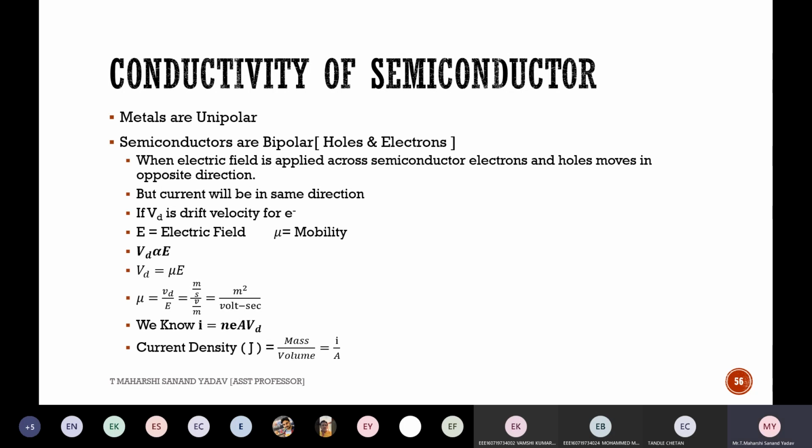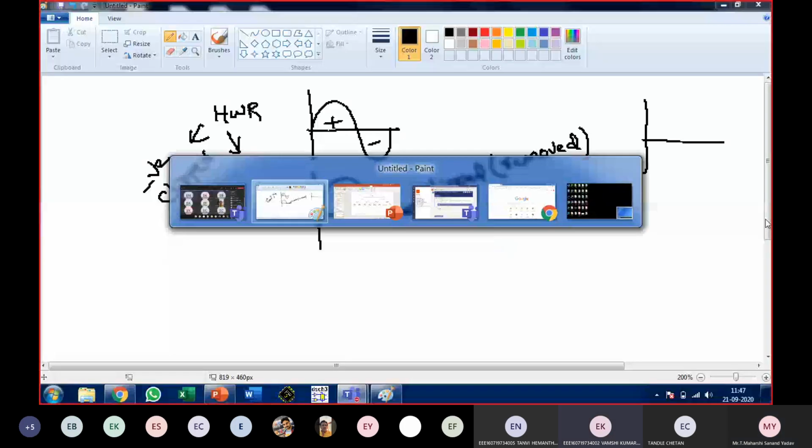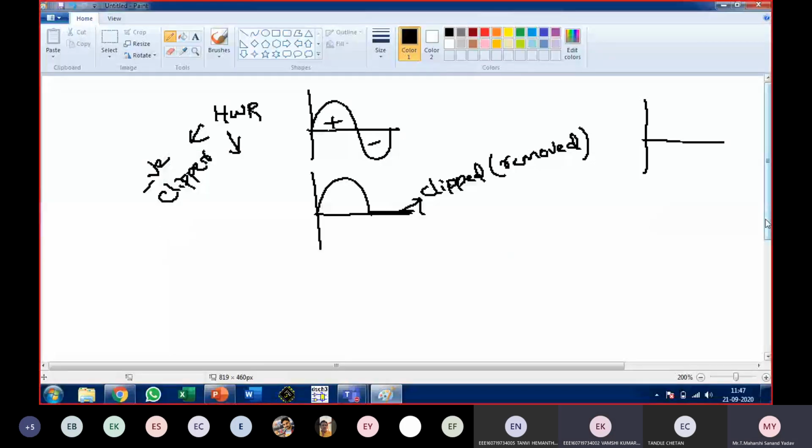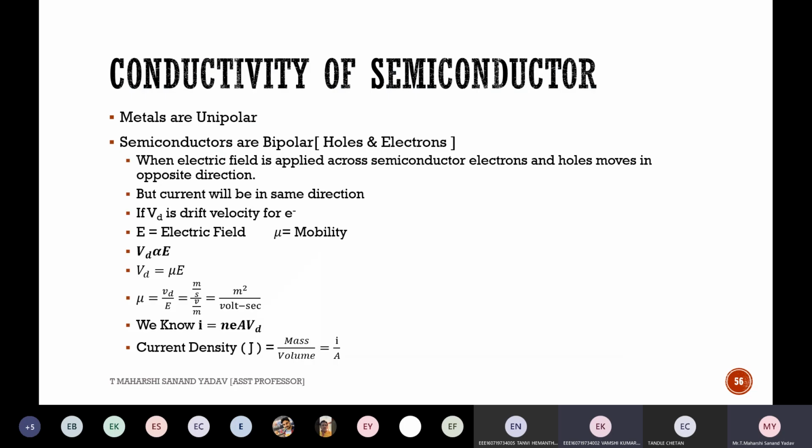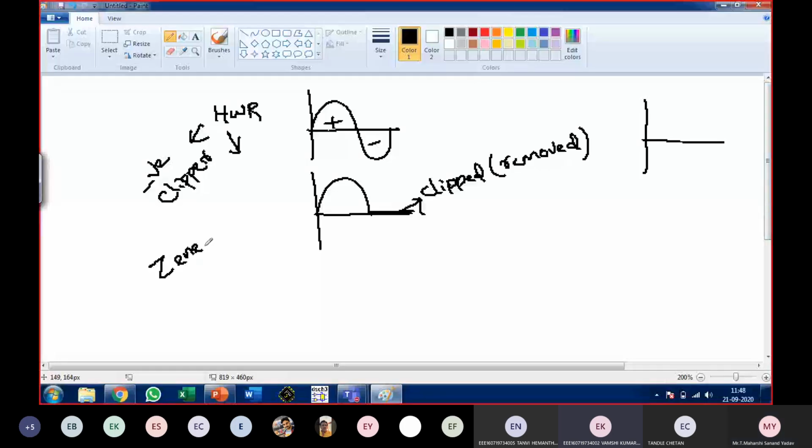Shall we continue, or shall we just revise the previous concept, because only two are able to see the screen? Revise, sir. Better I'll ask you questions so that we revise the last topic. Which topic didn't you understand from last time? From Zener diode, sir, the four important points for calculating.